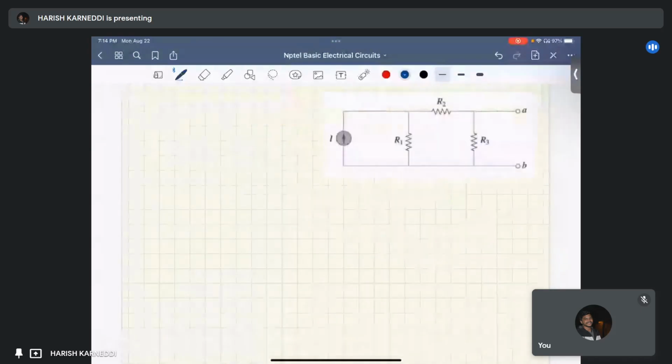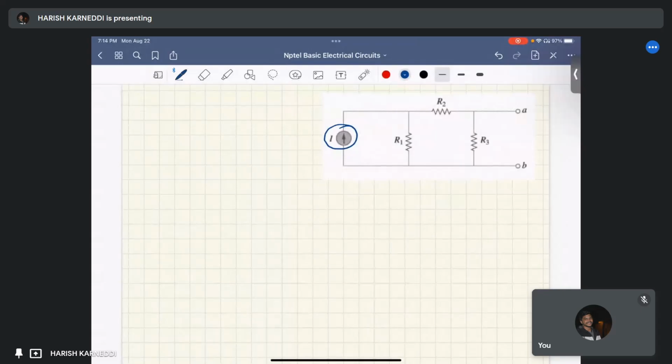To find the RTH, first we have to make this current source 0, right? When will the current source become 0? If you make it a short circuit, the voltage across the short circuit is 0.